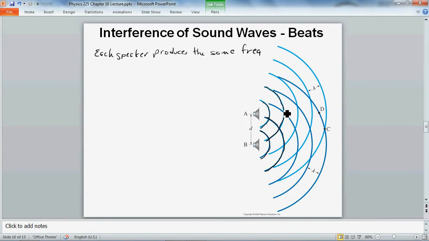Now you notice that where these points meet, we're having constructive interference, meaning that it's doubling in size. If we consider these to be the same amplitude, it would be a double. And notice that these lines pretty well line up with each other.